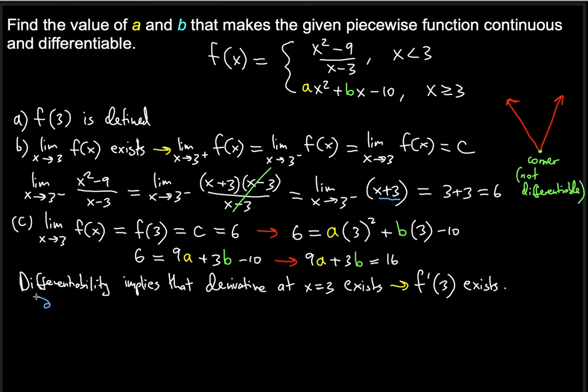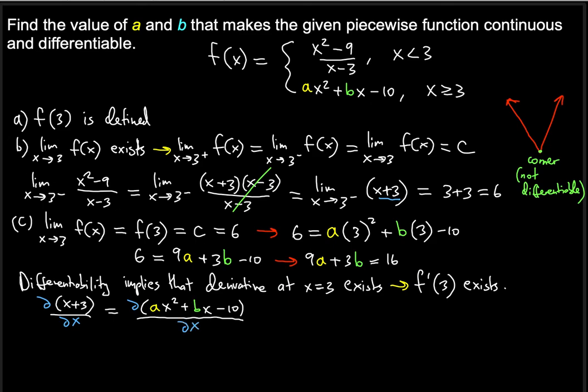So you want to take the derivative of x plus 3 with respect to x, of course, which should be equal to the derivative of this large chunk here, ax squared plus bx minus 10, with respect to x.